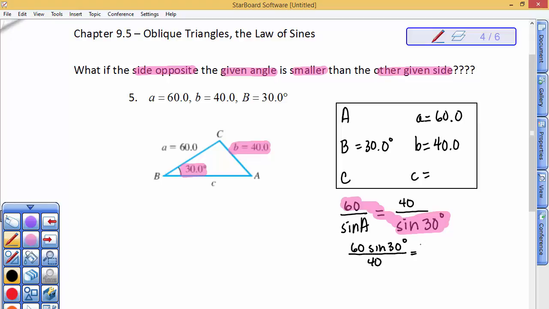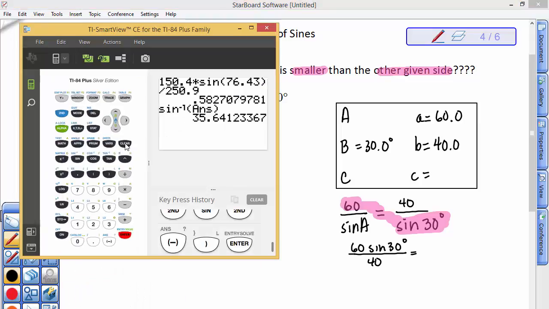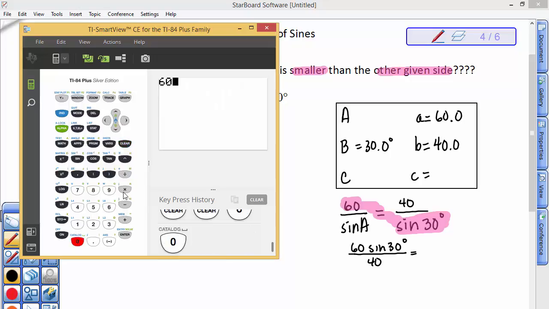I'm going to see if I have that number in my notes. Probably I do not. I'm going to go ahead and type it then. So 60 times the sine of 30 degrees divided by 40 gives me a ratio for the sine of angle A, 0.75.